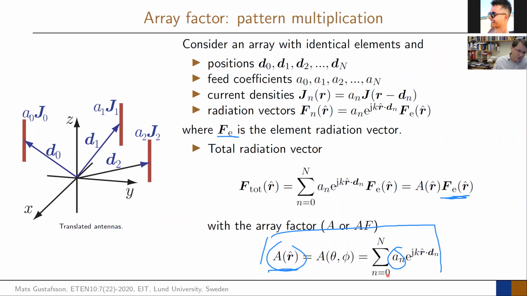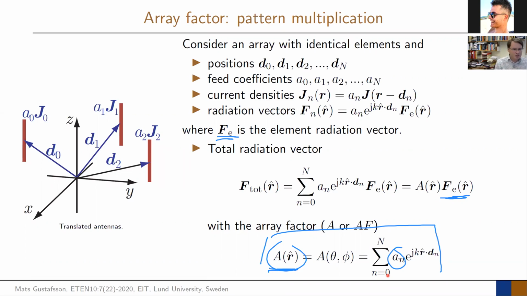I separate these two pieces, which of course is very powerful, because the antenna element you have to design. You have to know the length of it, whether it is resonant, it has an impedance, it has a lot of properties. The array factor then is only the geometry of the array, and how I should send my signals to that array to get the correct main lobe, side lobe levels, direction, and so on.